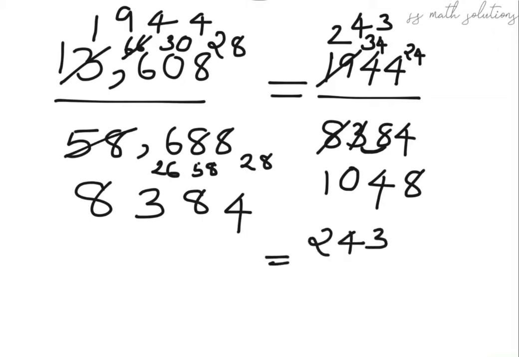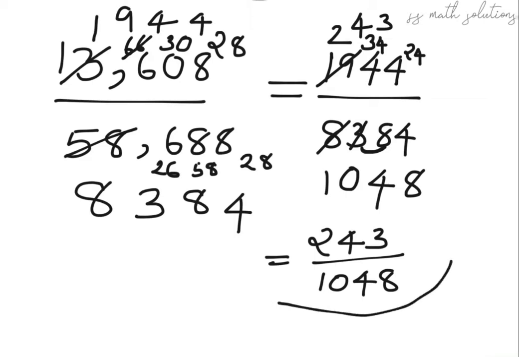Okay, this is the number. Now we need to check whether we can cancel further. We need to check 243 and 1,048. There are no common factors between this numerator and denominator. So don't worry, this is the simplest form of the fraction 13,608 divided by 58,688.